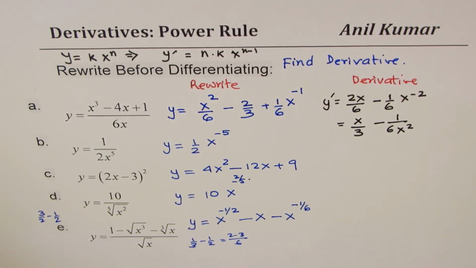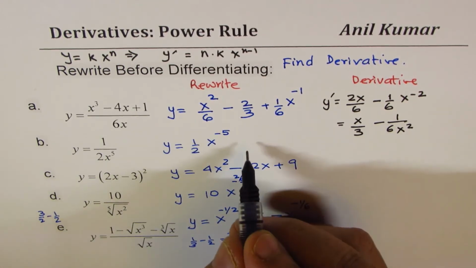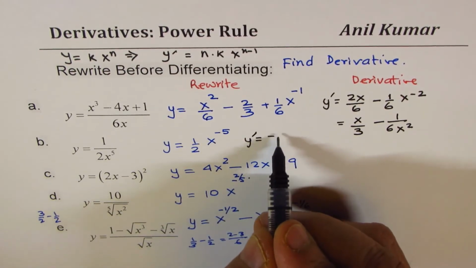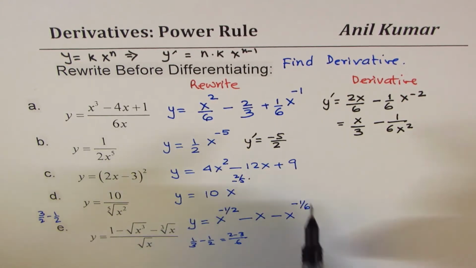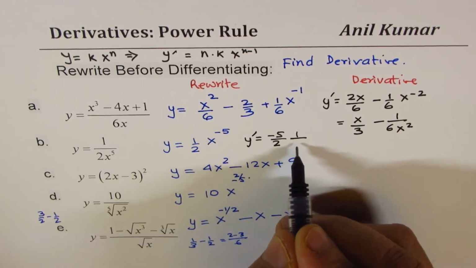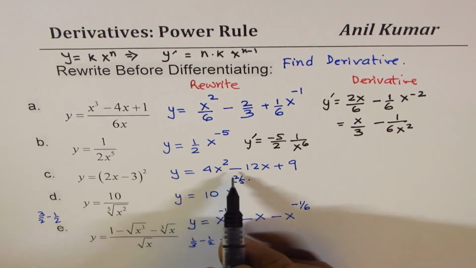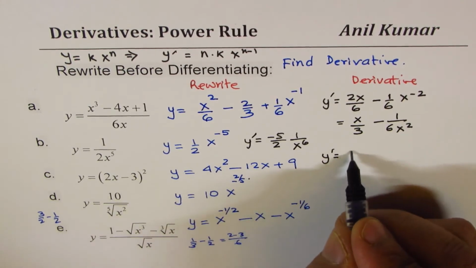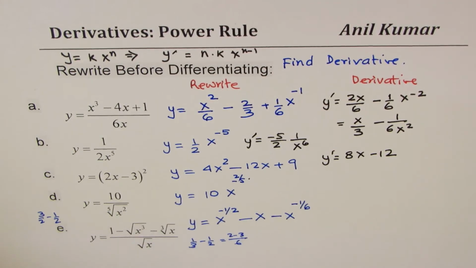Once you rewrite, you can find derivatives. So here the derivative will be y dash equals minus 5 over 2 x to the power of minus 6, which I could write as 1 over x to the power of 6. You got it, right? For the next function, we could do y dash equals 8x minus 12, derivative of constant is 0.